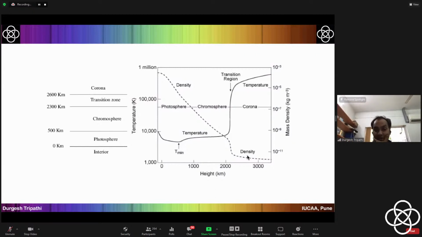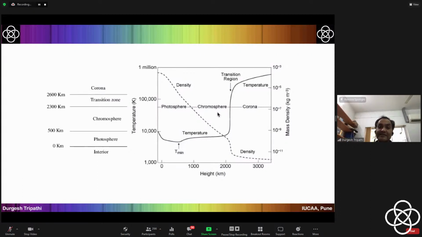We're going away from the sun, but within the transition region, when the temperature changes from 10,000 to about 1,000,000 degrees, within the same distance, the density also changes by 2 to 3 orders of magnitude. And that is what makes this region a very sudden change, and that's why it's called a transition region.